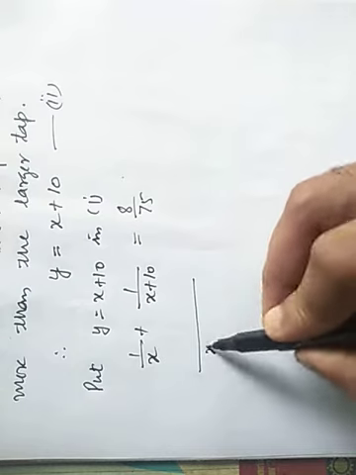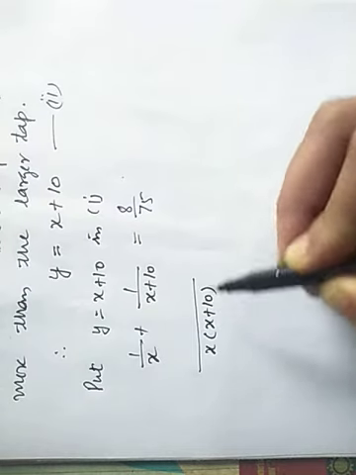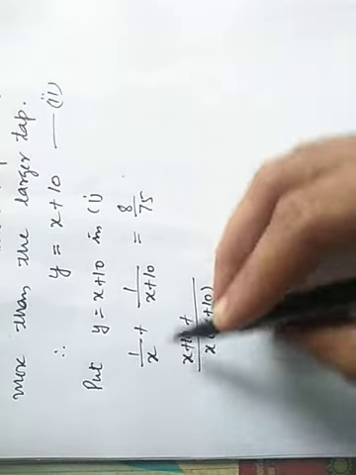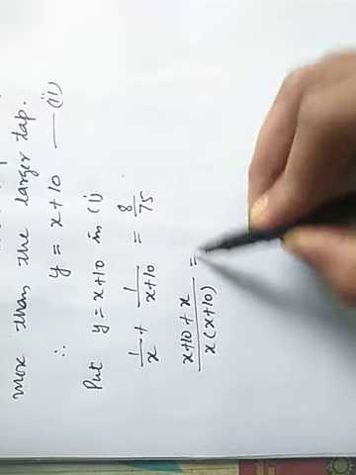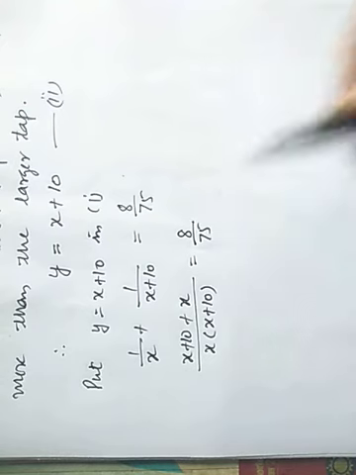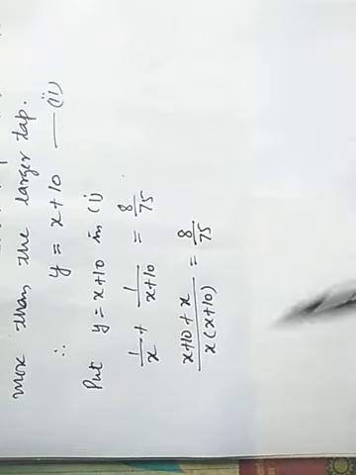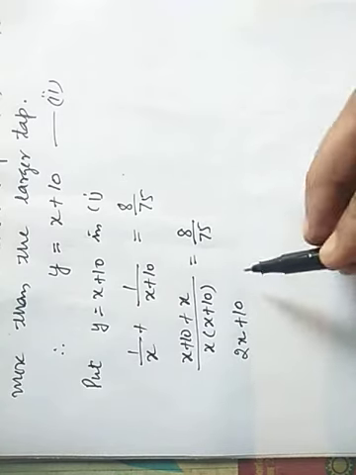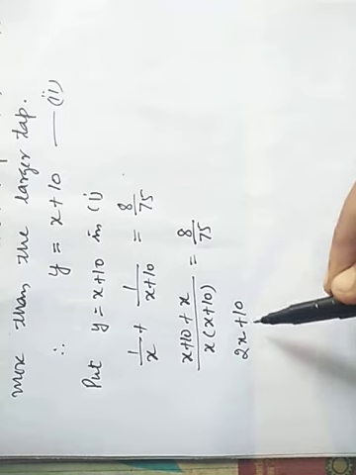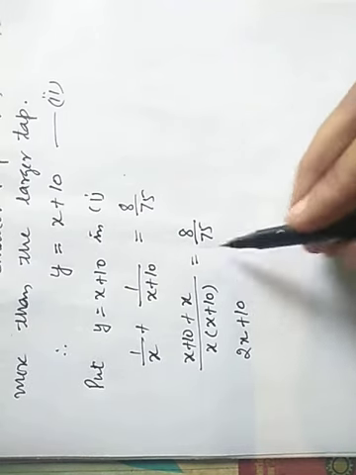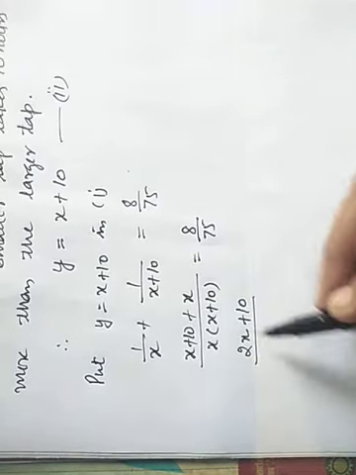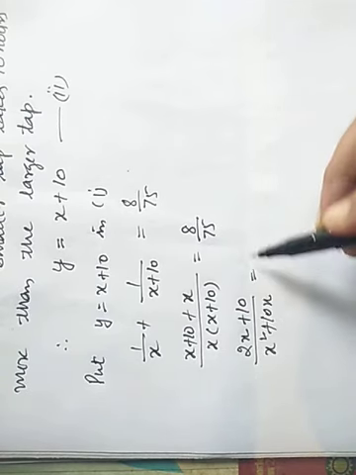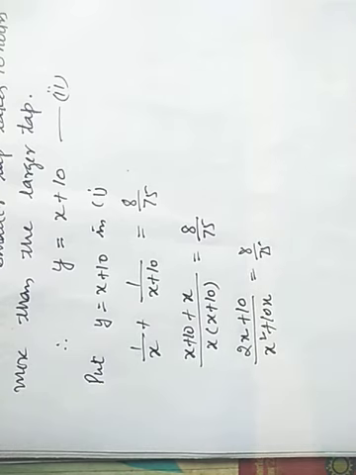LCM will be x into x plus 10. It will be x plus 10 into 1 and x into 1, that is x, equal to 8 upon 75, right? So x plus x will be 2x plus 10 upon x square plus 10x is equal to 8 upon 75.